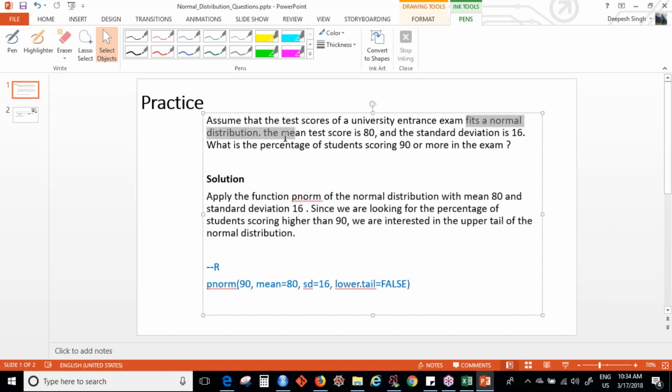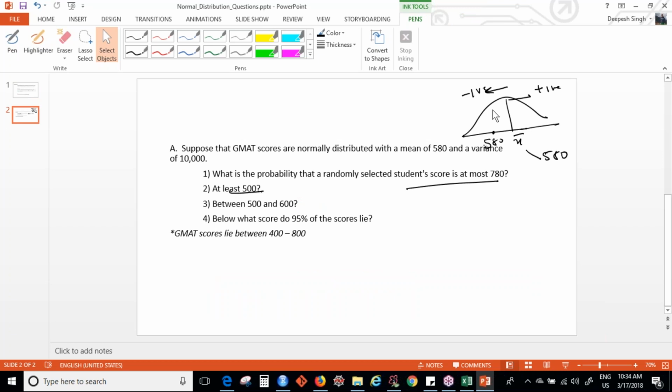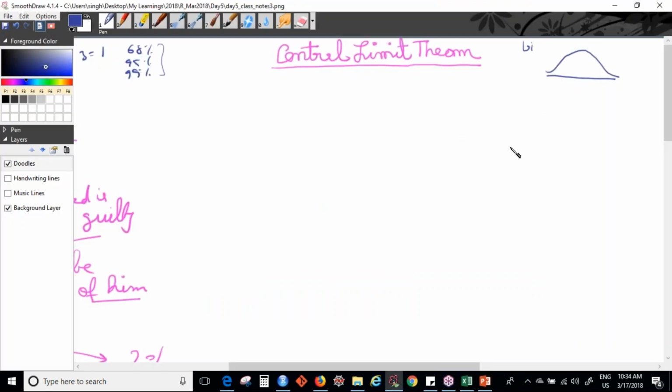Most of the concepts of statistics assume that your data follows a normal distribution. Only then can you easily study this.